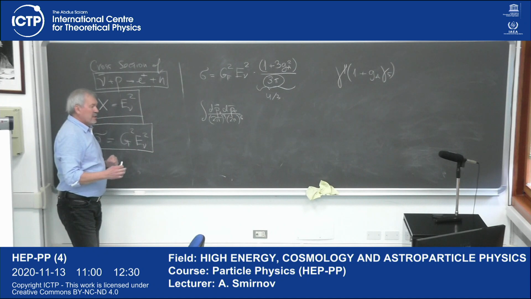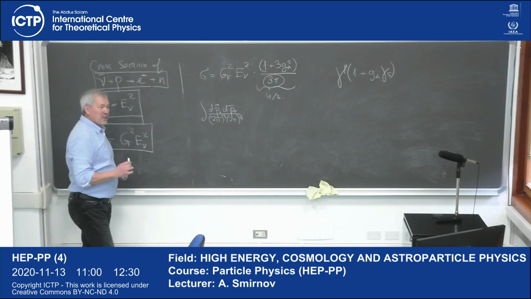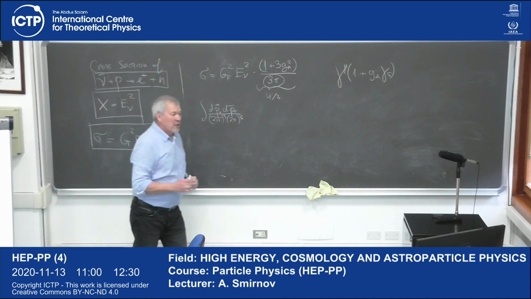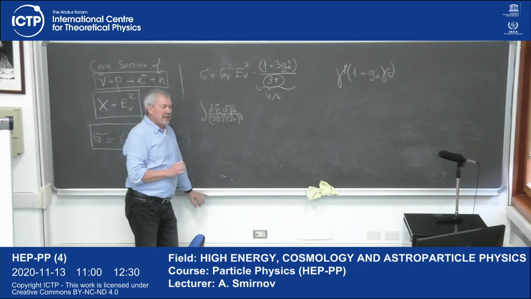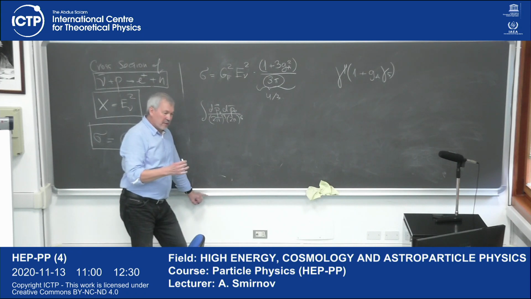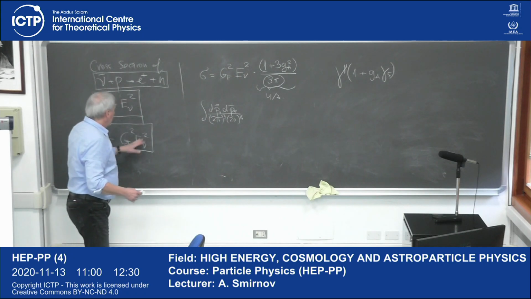It's E squared. It's a very important observation that the neutrino cross-section increases with energy, which means that although the interactions at very low energies are very small, with increase of energy the cross-sections, and therefore the probability of interactions, increase rather quickly. This increase is not forever, though.